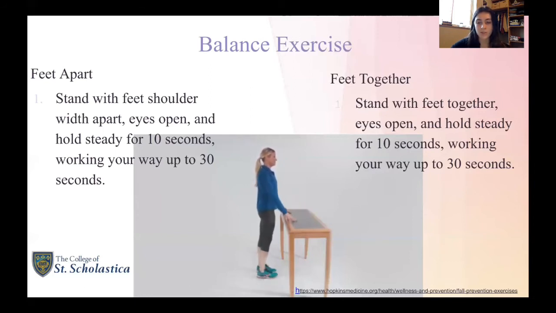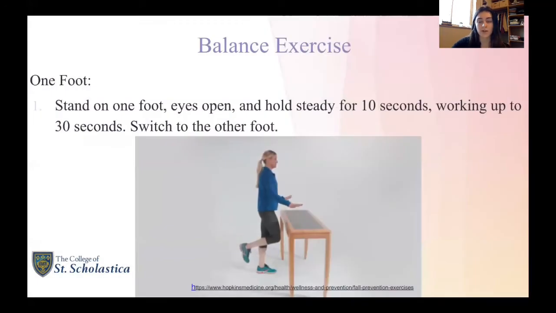Once you can hold this position firmly for 30 seconds, move on to the next exercise, which is doing it with your feet together. Stand with your feet together, eyes open, and hold steady for 10 seconds, working your way up to 30 seconds. Once you can do this exercise with minimal swaying or support, move on to the next one, which is doing it on one foot.